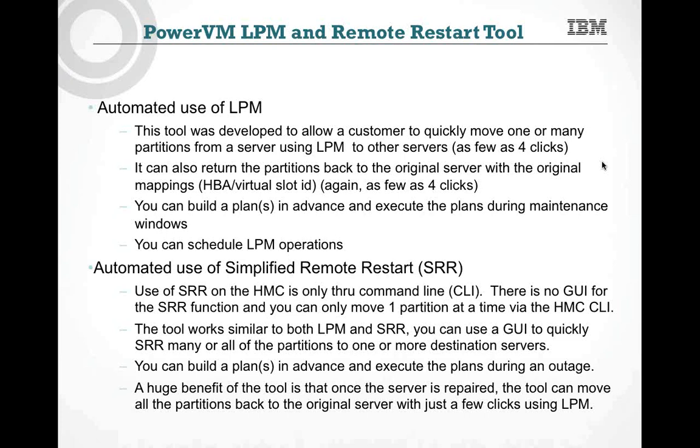You may not have the same FCS mappings because you didn't specify the FCS mappings. You may not have the same shared processor pool because it didn't exist over there, but you had to put in the default. You could have multiple things change on either an LPM operation or an SRR operation.